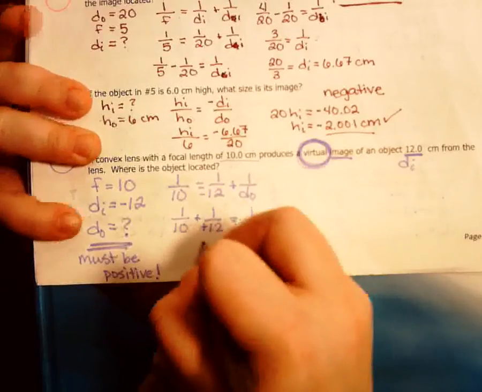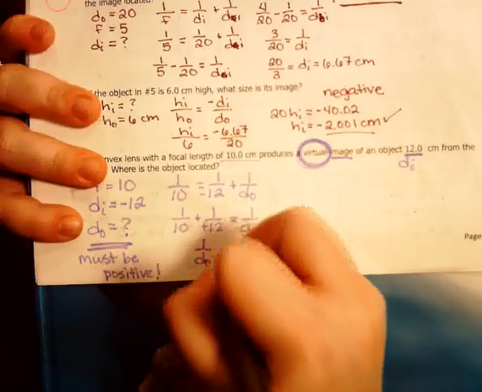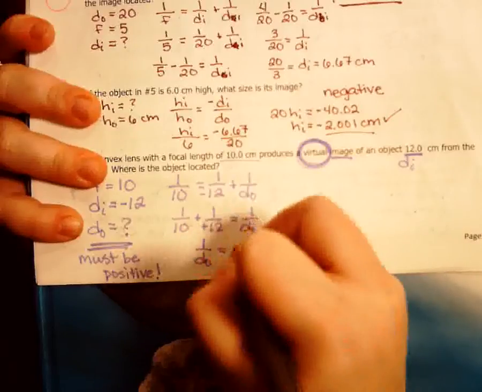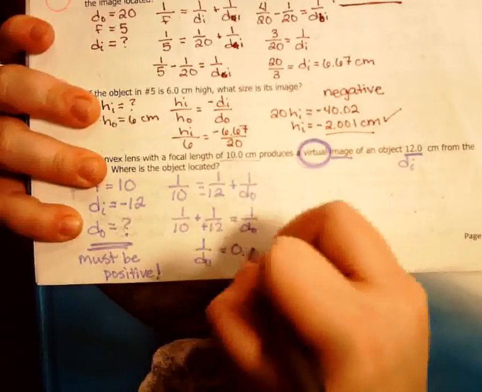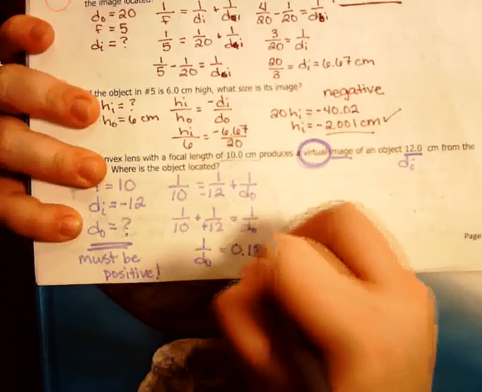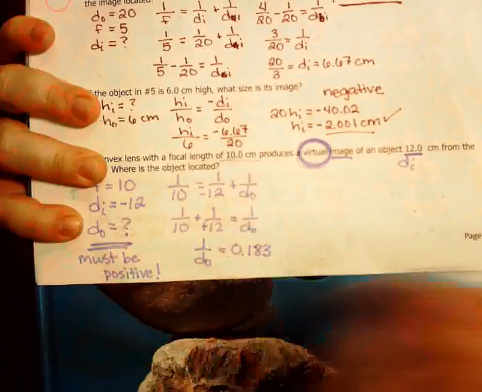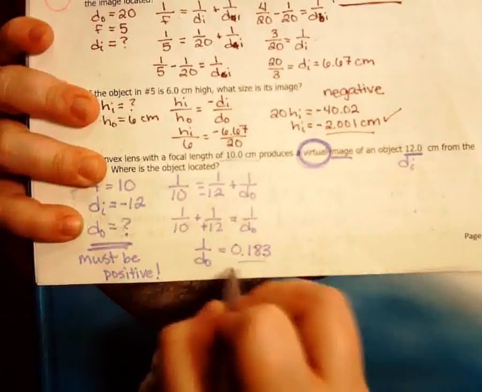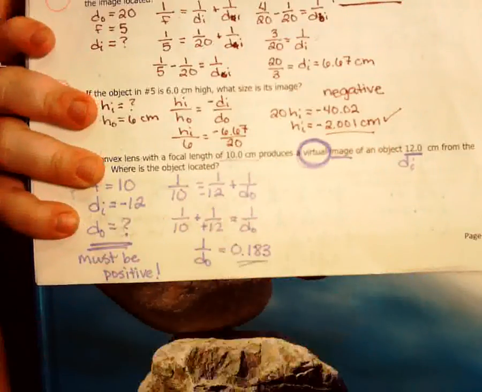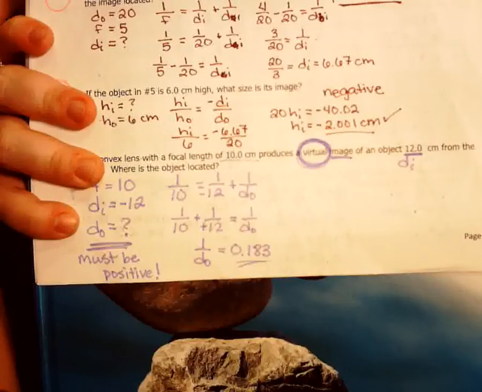I am getting that 1 over DO is 0.0183 repeating, not my answer. My answer is 1 over 0.183.